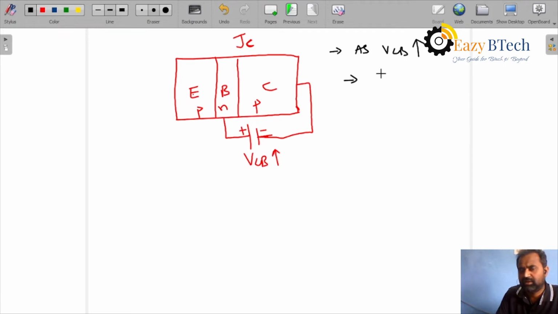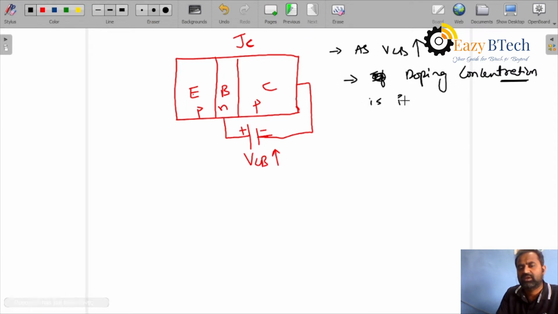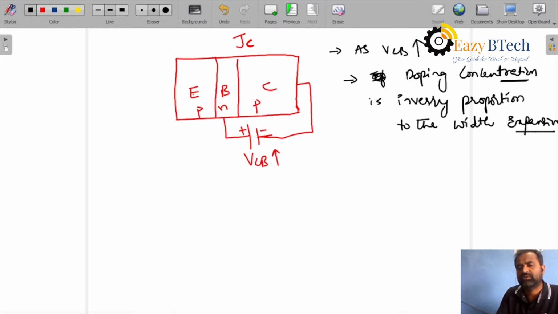Now remember, doping concentration is inversely proportional to the width expansion.